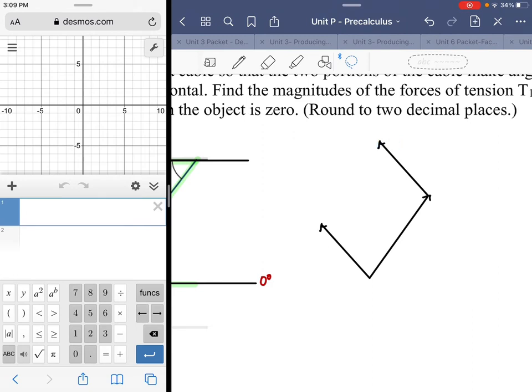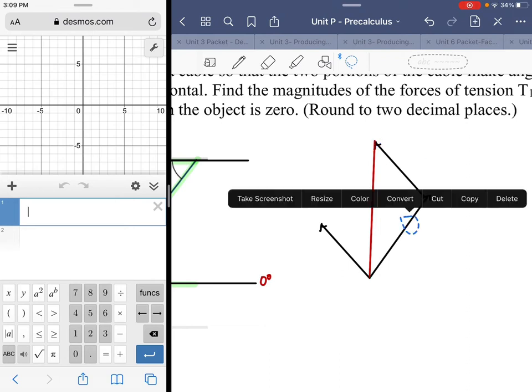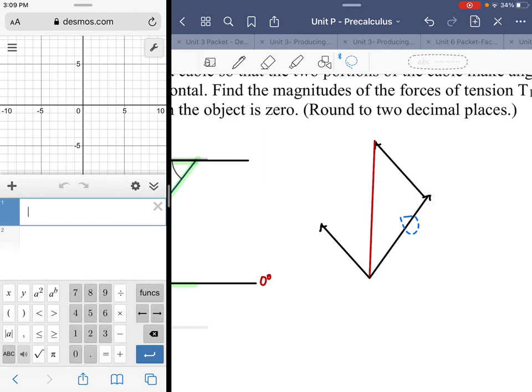All right, it's going to create a resultant. I'm going to put that resultant, hopefully it'll be somewhat vertical. I just eyeballed it, so it's a little tricky. Not too terrible, but not perfect. I'm just going to wing it. All right.